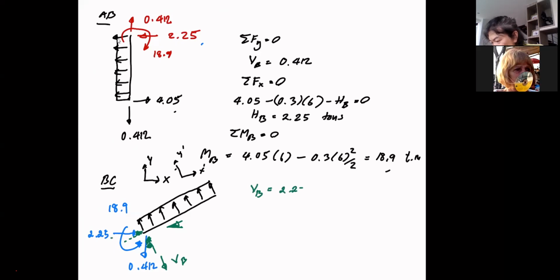2.25 sine 26.57 plus 0.412. This term is cosine 26.57.